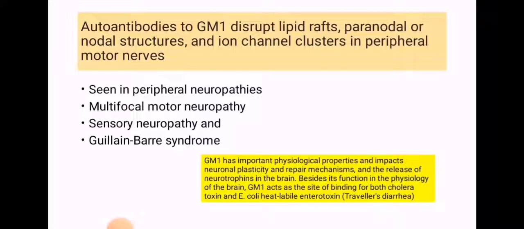GM1 has important physiological properties and impacts neuronal plasticity and repair mechanisms and the release of neurotrophins in the brain. Besides its function in the physiology of the brain, GM1 acts as the site of binding of both cholera toxin and E. coli heat-labile enterotoxin, that is traveler's diarrhea.